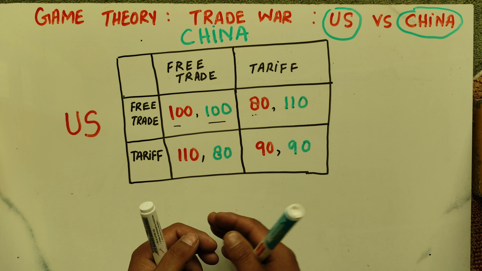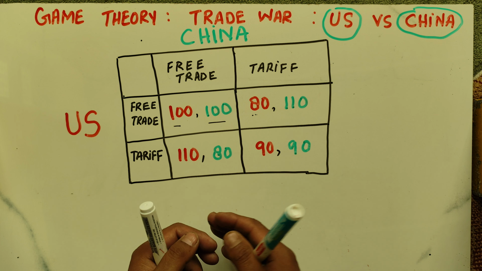The reverse is also true. If US imposes tariff and China opts for free trade, in that case, what happens? US's payoff will increase to 110. We are talking about the third cell here: 110 and 80.